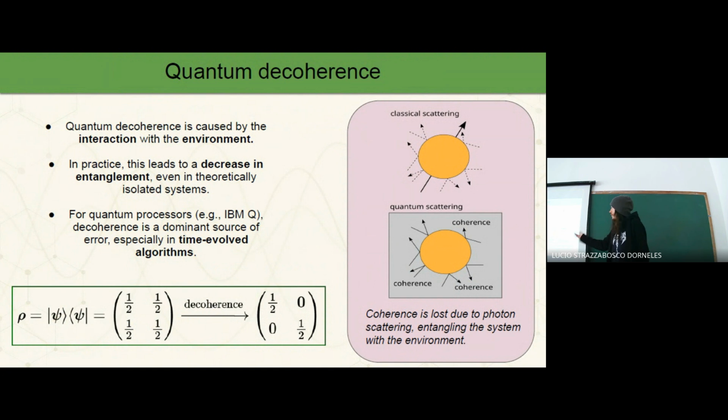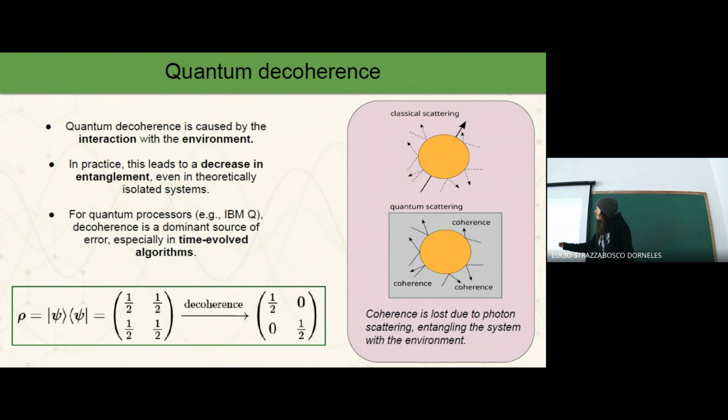This is really similar to what we think of as losing energy when, say, pushing a block on the ground, but in fact the energy is not lost, it is just transferred to the ground. So in quantum processors such as the ones at IBM, this is one of the main problems when we want to extract results. To illustrate, we have qubits in a state like a matrix with a value in every entry.